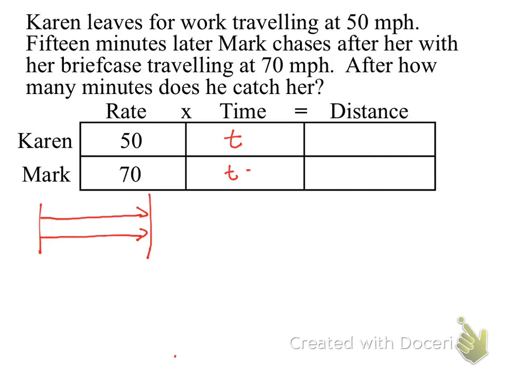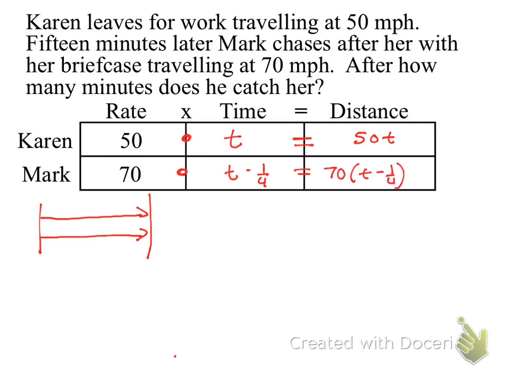Yes, 1/4 of an hour. 15 minutes is 1/4 of an hour. Okay, now what do we do going across? Multiply. So I get 50t, and over here I get 70 times t minus 1/4.